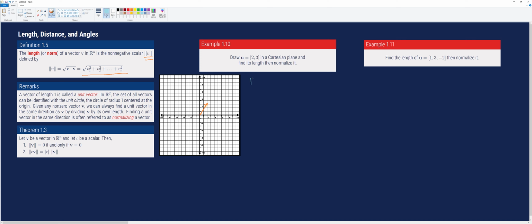The length of the vector is the square root of 2 squared plus 3 squared, which is equal to the square root of 4 plus 9, which is equal to the square root of 13, or about 3.61.